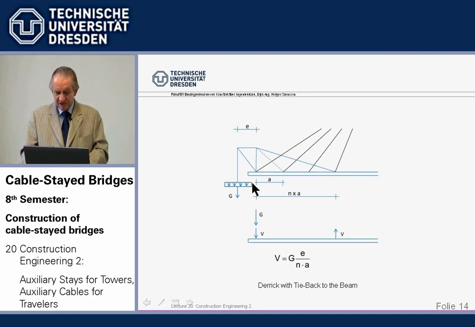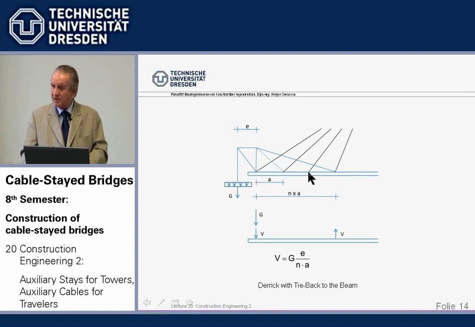The main problem is naturally that the weight which comes up here acts on the structure, as I showed you before, via the support reactions of the derrick. And this is an elastically supported beam, elastically supported by the stay cables. And the moment influence line, you may recall, is very steep here, goes back fast. But it's, in one word, such a beam is very, very sensitive against vertical loads at the tip.